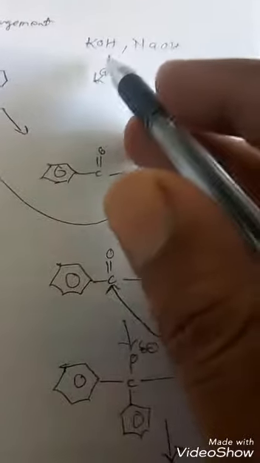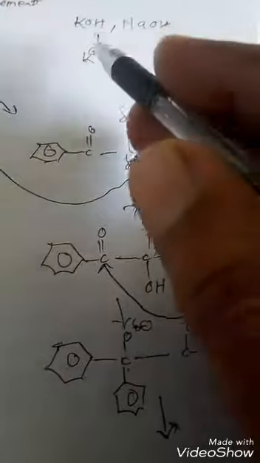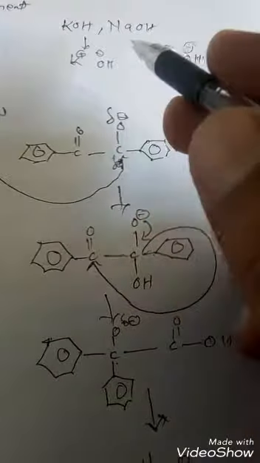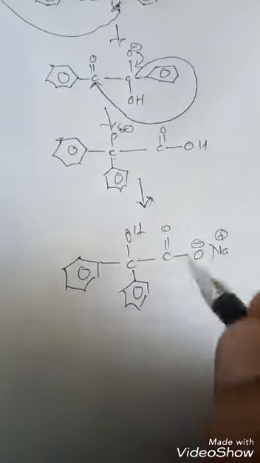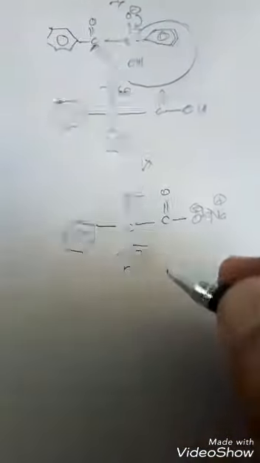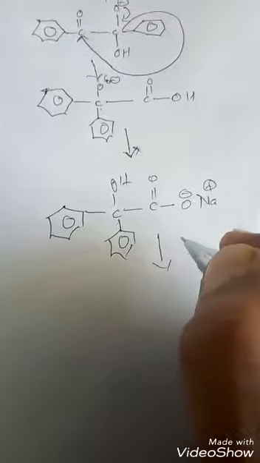And as we are using strong bases with K+ and Na+, if we are using KOH there is K+, with NaOH there is Na+. So the structure formed has O- here, and here it is Na+ or K+. Now this is the salt of benzilic acid. This is our product. It is soluble in water and polar solvents, and we can recover the acid very easily.